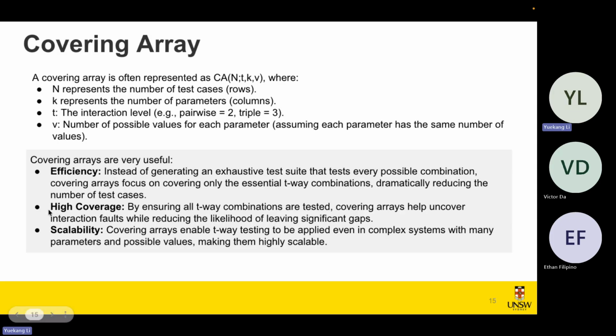Because we can systematically cover all the potential patterns. And it is very scalable because instead of finding out all the exponentially growing number of combinations, we can select representative values. So this is the advantage of using covering array.